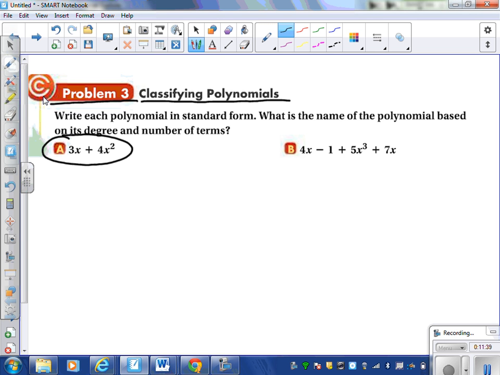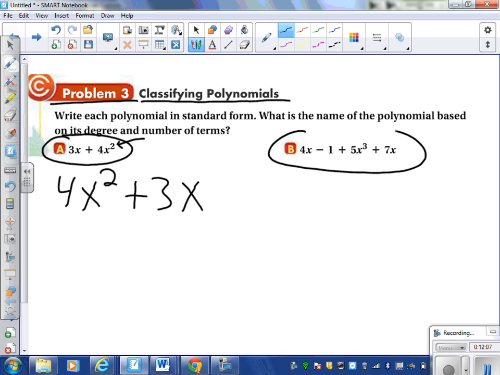What you need to do is move the number with the biggest exponent to the front and rewrite it as 4x squared plus 3x. You take the variable with the biggest exponent, which was your x squared, and rewrite it in front, followed by 3x. Let's take a look at what you would do with this type of problem.